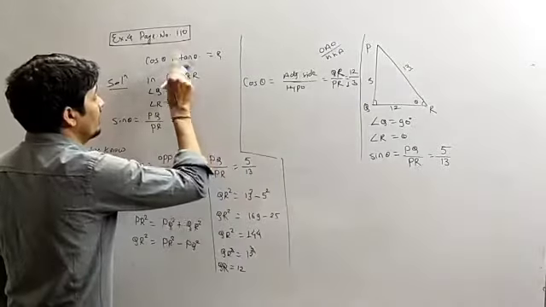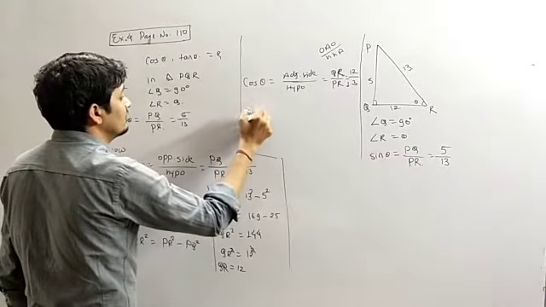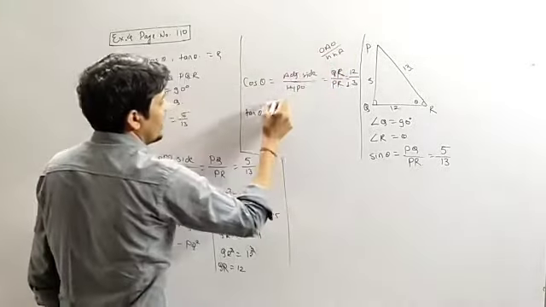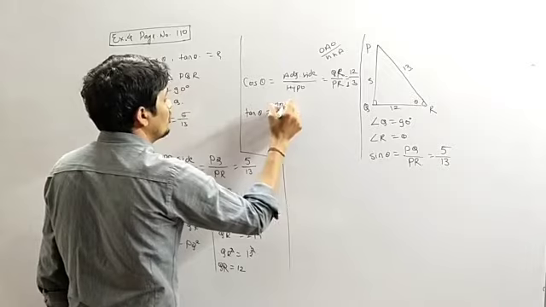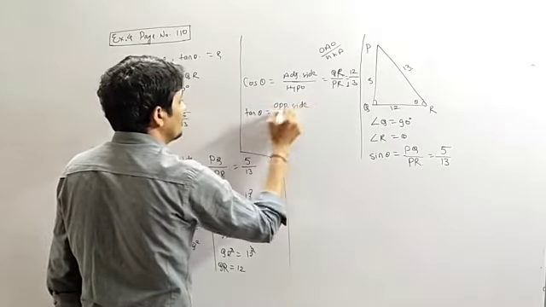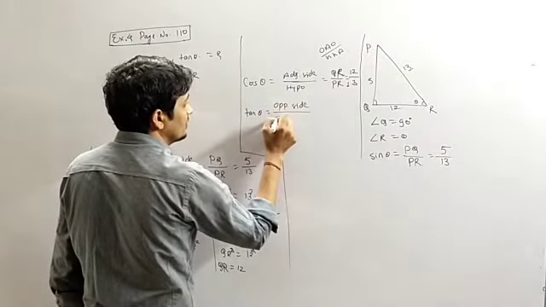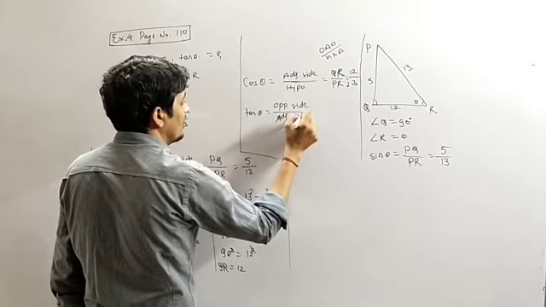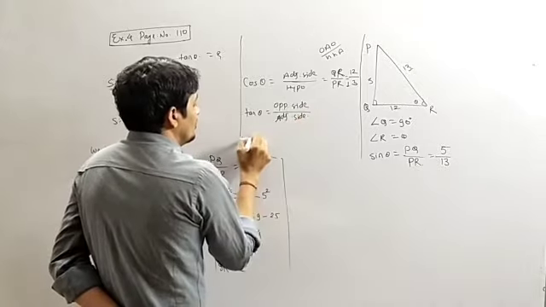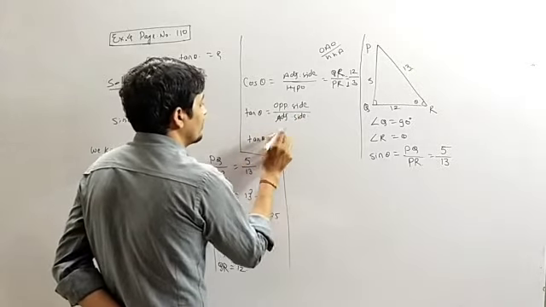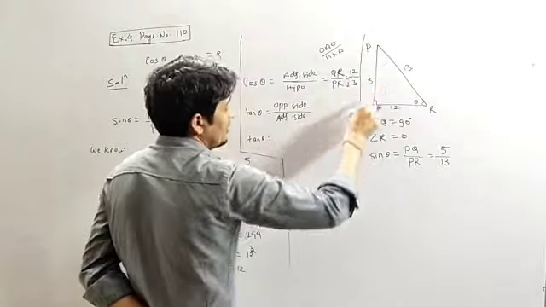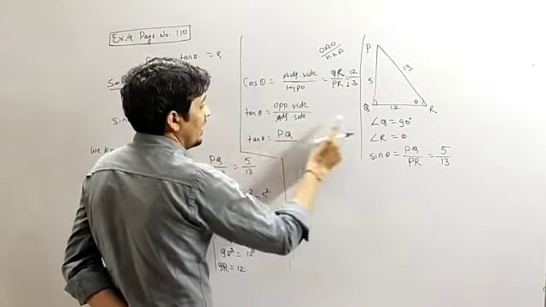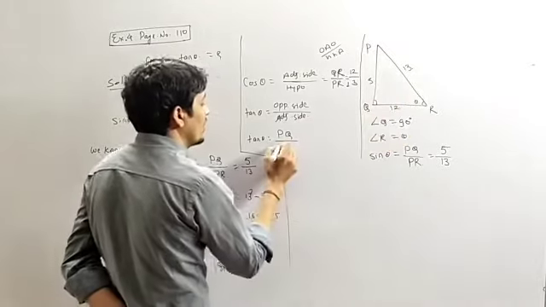Now for tan theta. What is tan theta? It is opposite divided by adjacent. So tan theta equals, the opposite side for angle theta is PQ, divided by the adjacent side for angle theta, which is QR.